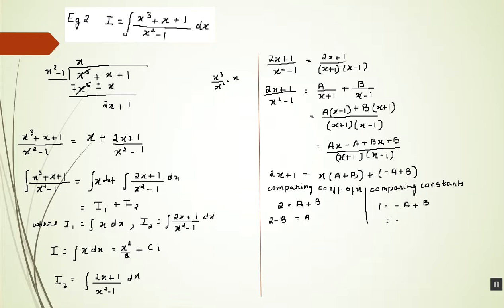Okay, so this is minus of 2 minus b plus b. So this is equal to minus 2 plus b plus b, 1. So I'll get 3 is equal to 2b. Therefore b is equal to 3 by 2.